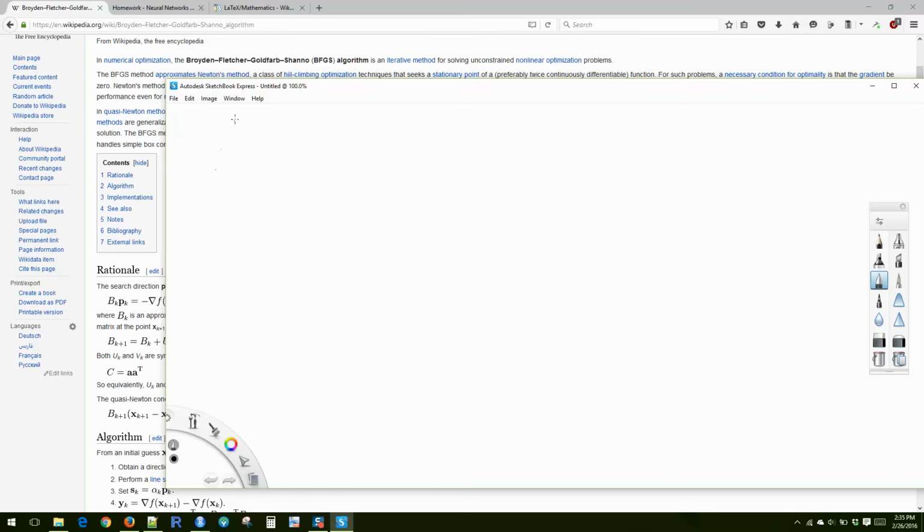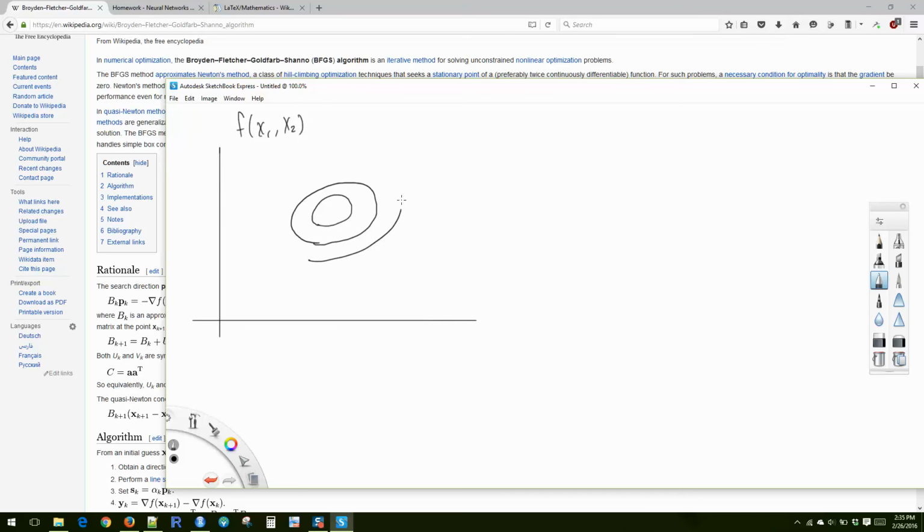So let's say we have some function of x1 and x2, and then we'll draw some contours. It's hard drawing circles.